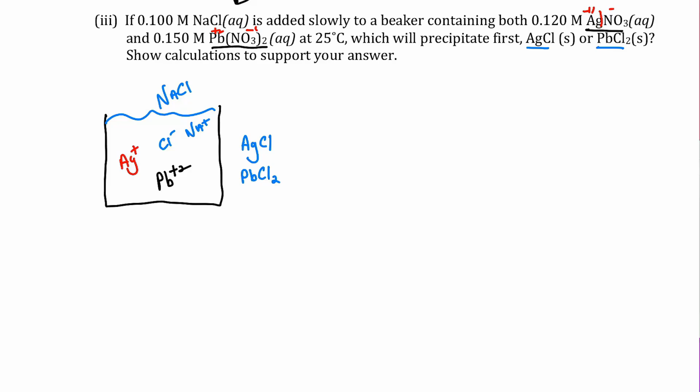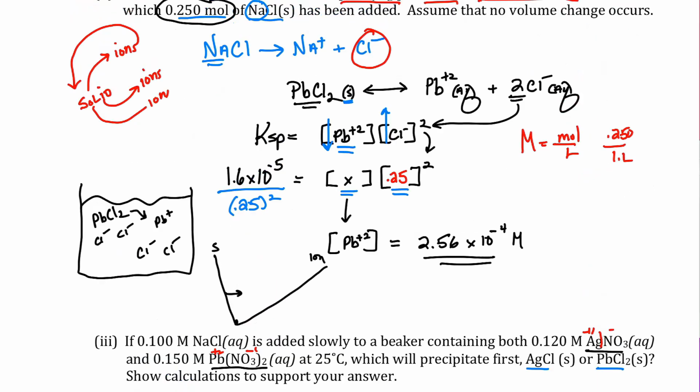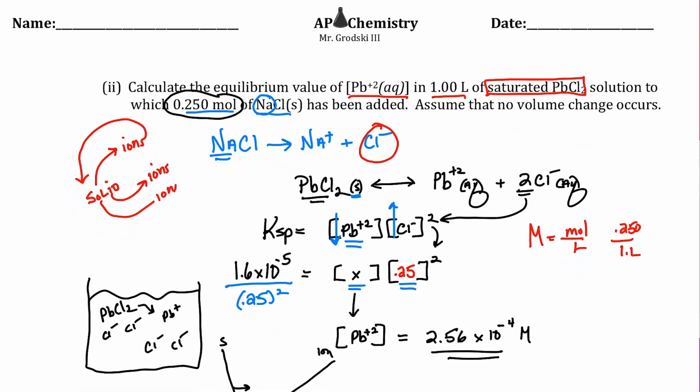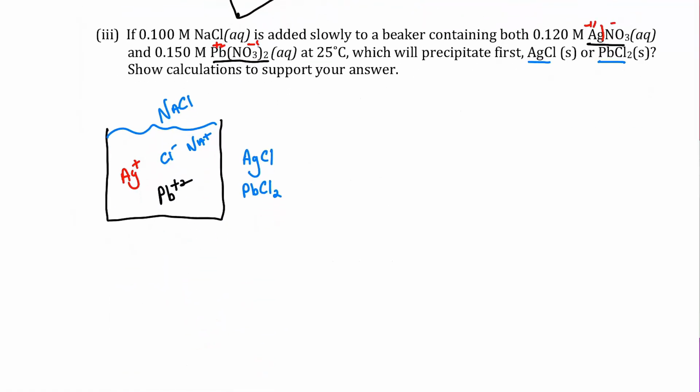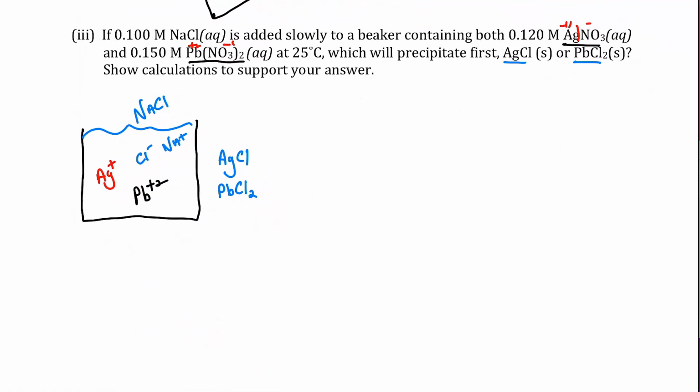So in B, if we remember, this is II of B, so if we go back to the other page, they gave me the silver chloride KSP. So let's go write the equation here. Silver chloride solid breaks apart into silver plus and chloride negative.